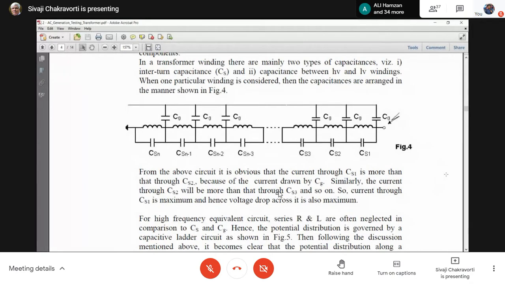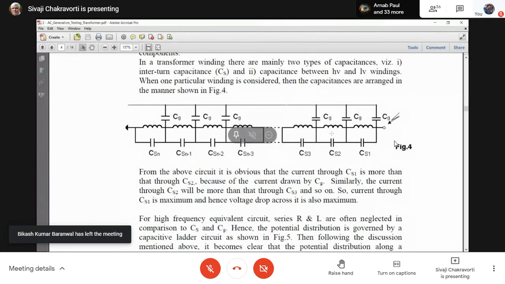And so it becomes only about 10 ohm. So at higher frequency, the reactance of these capacitances becomes much lower compared to the reactance of the inductances. And therefore the current flows not through the inductance, but through the capacitances.